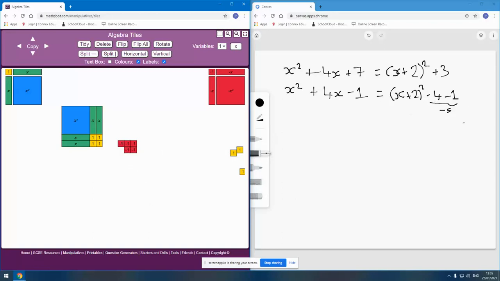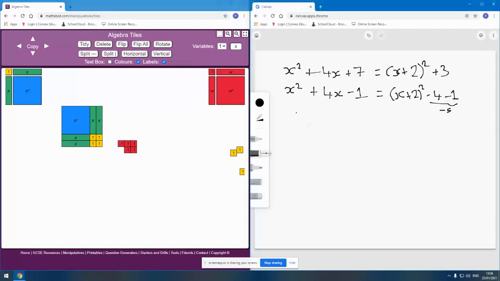And of course, I have my -1 from before, which altogether makes -5. Either way works, even when the constant term in your expanded quadratic is positive, but the constant term in the completed square form would be negative.